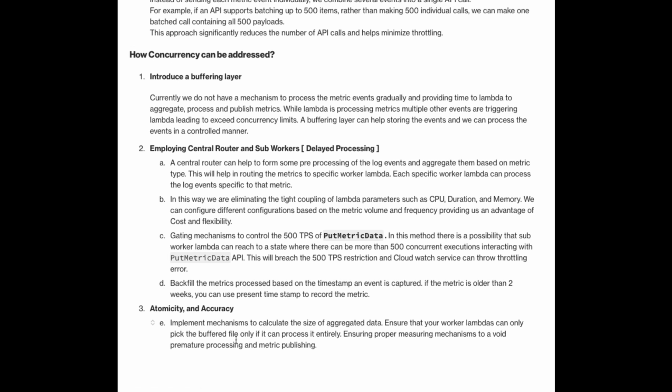This is one mechanism which can help in reducing the concurrency, and it also decouples the input event publishing and the processing. We are decoupling the two layers. And another method we can use is to reduce the concurrency limits, and at the same time provide flexibility of our compute parameters.